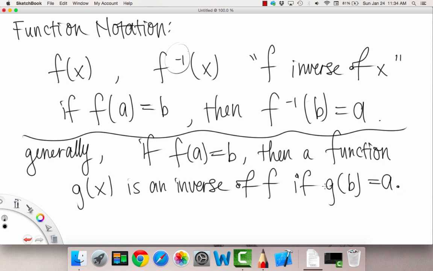The only difference is that we have a different letter here, and we don't have that notation specifically. So if you see any function that can take in outputs of f and give you back the input, then that function, whatever it's called, is an inverse of f.